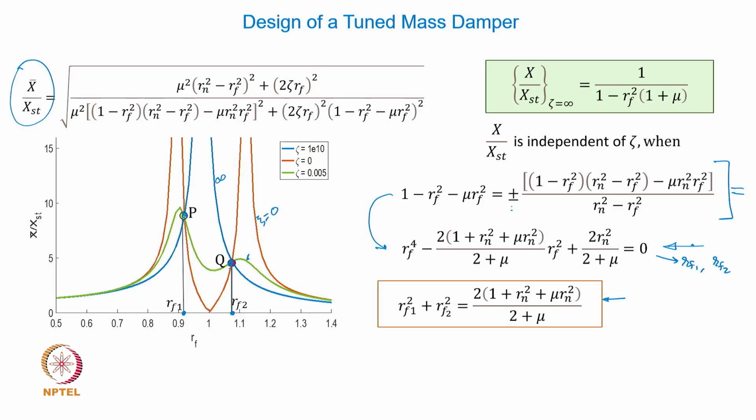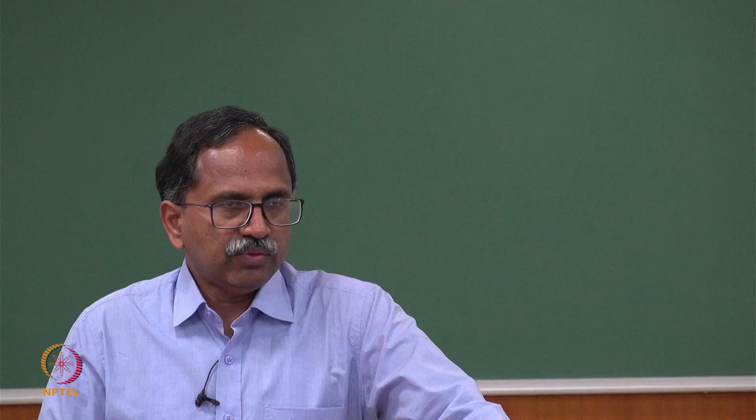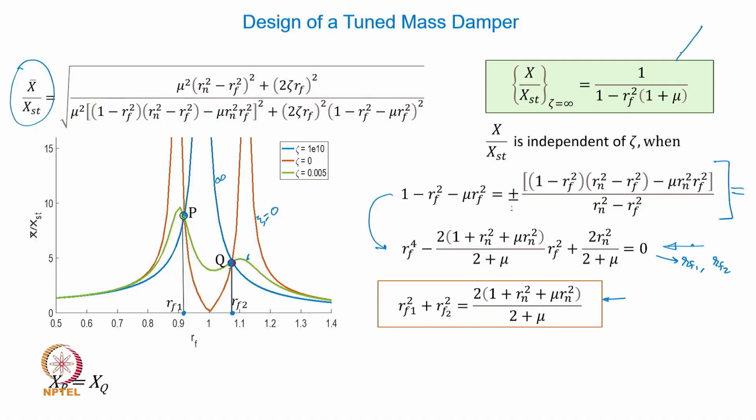Well, after this, our job is to set xp equal to xq, right? What is the expression for the response at P and Q? Can I use this expression? Because this expression is for zeta equal to infinity.